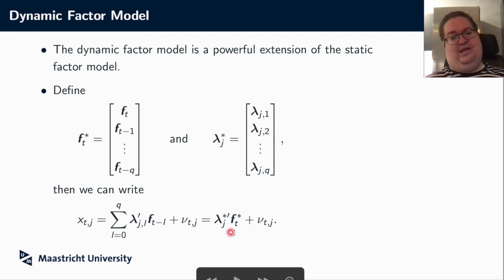And that, of course, is really good news, because even though your true structure here might be dynamic, if you ignore it, what you will be estimating, for instance, doing your standard principal components plus scree plot or information criteria approach, is this static model, which is still a correct representation of the data.